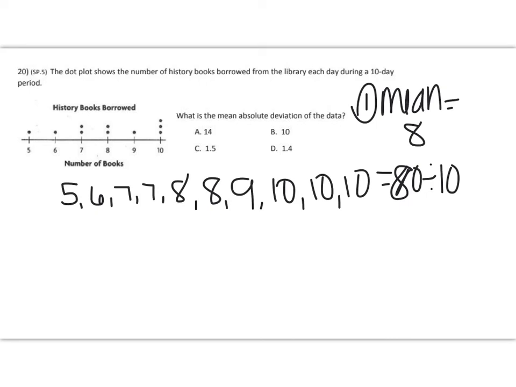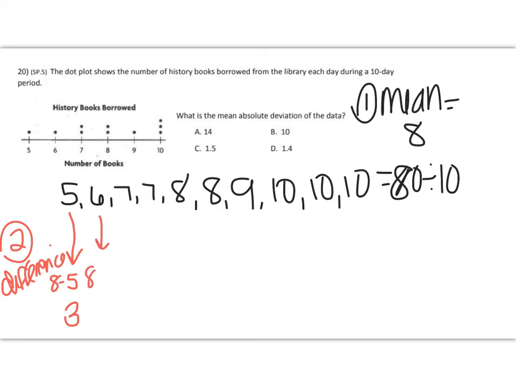Okay, now, the second step in finding the mean absolute deviation is to find the differences. So I need to find the difference between each data point and the mean. So for example, this 5 would actually be 8 minus 5, so the difference is 3. For 6, it would be 8 minus 6, so the difference is 2.